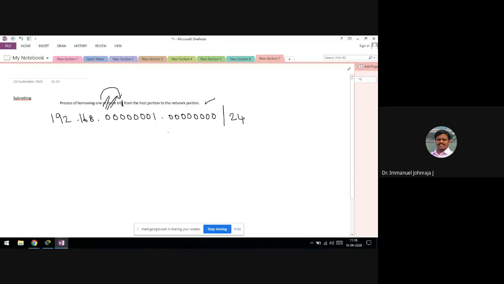Then we'll go to the second case of more bits, right? So which is the host portion? We know this is class C: network portion, network portion, network portion, host portion. It says from the host to the network, one bit. So from host to network I should borrow one bit. Which is that one bit? That one bit should be the most significant bit.